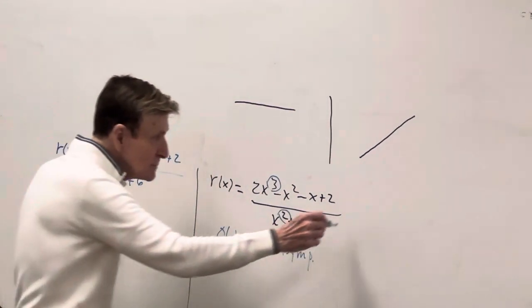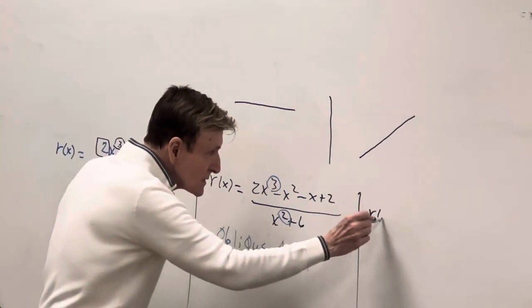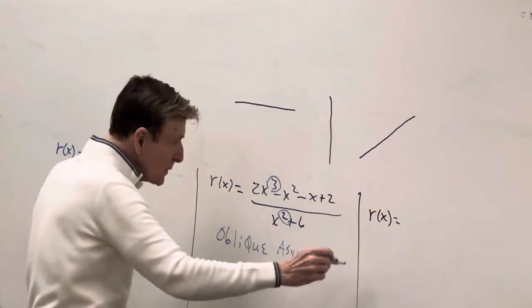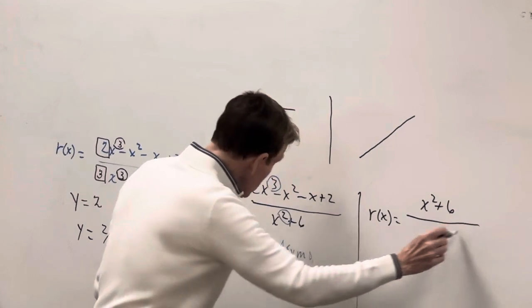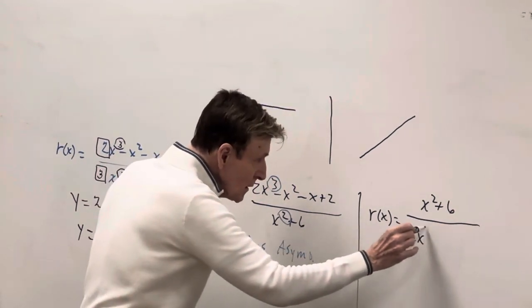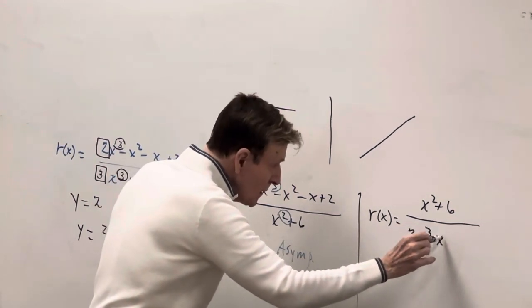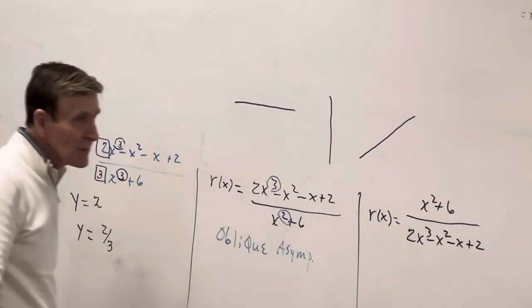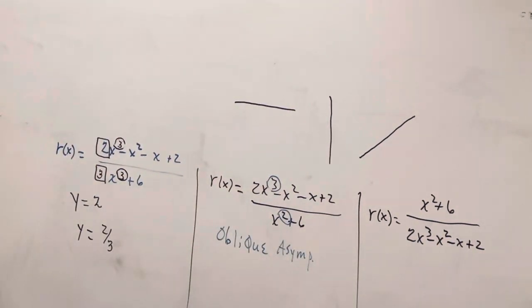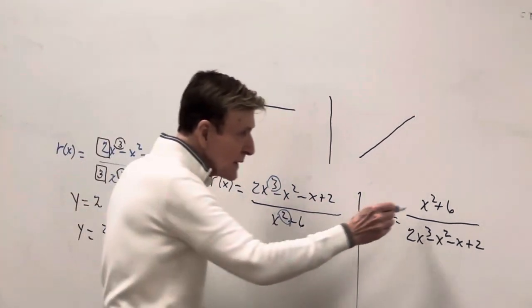Let's change it. R of x is equal to, let me put this x squared plus 6 in the numerator, and down here, this. Listen carefully, little shortcuts on how to find that asymptote, especially horizontals. When I examine the degrees, no, they are not the same, which is the best case in the world.